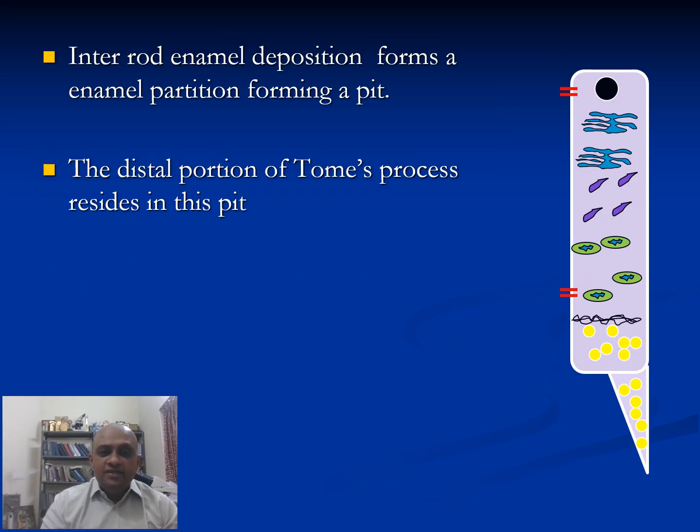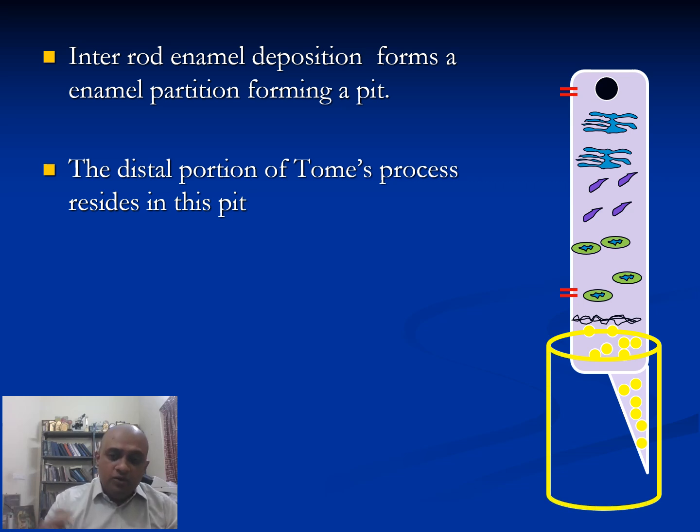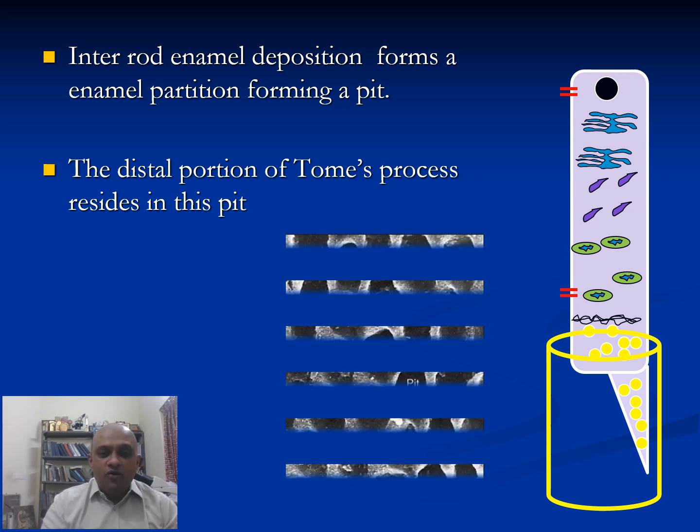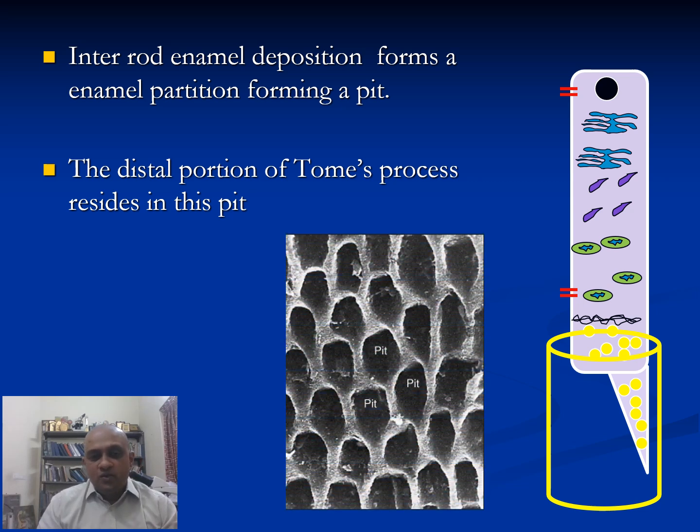So because of the enamel matrix secretion around the proximal part of the Tom's process, what you get is a cylindrical kind of structure, and this is what you call the enamel pit. So this kind of honeycomb structure you will see there. That is what you call the enamel pit. So the walls of this enamel pit are formed by the interrod enamel secreted by the proximal part of the Tom's process.